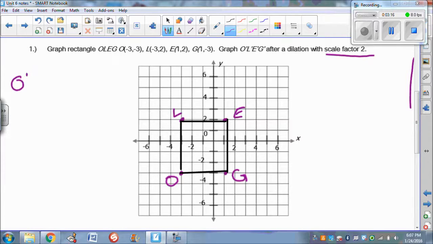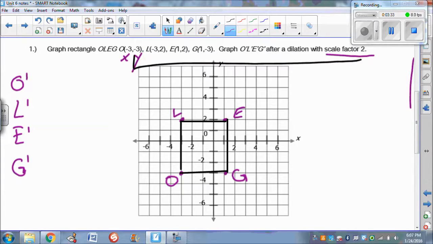We're going to state O prime, L prime, E prime, and G prime. We're going to write them out, and then graph them. My scale factor is 2, and I multiply each one, the x and the y, by 2.